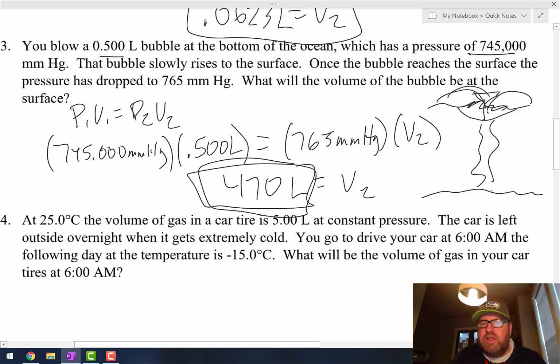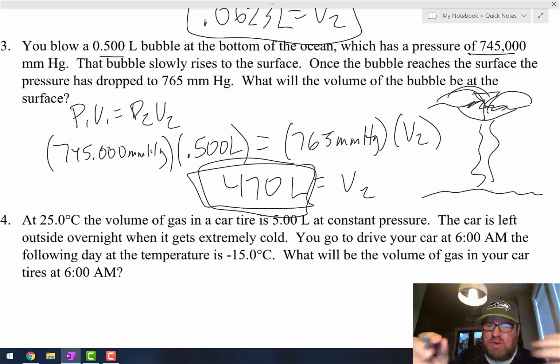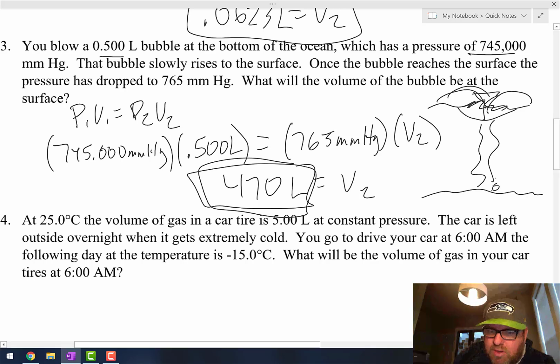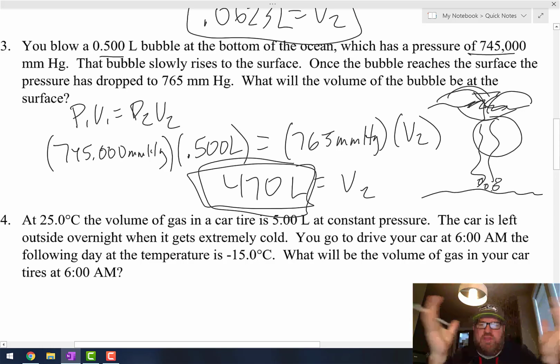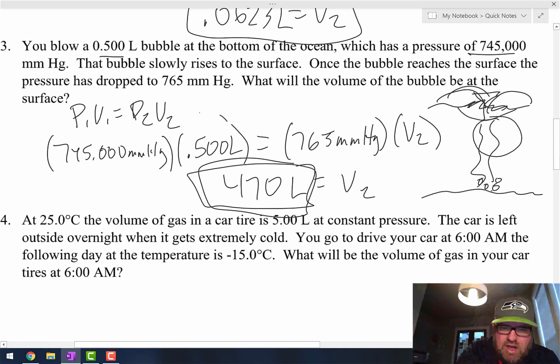Some people think, like in the Bermuda Triangle, you hear about a lot of boats disappearing in the Bermuda Triangle. A lot of people think that might be why, because these really small bubbles at the bottom of the ocean are released, but by the time they get to the surface, they've gone from such a small size to such a big size.